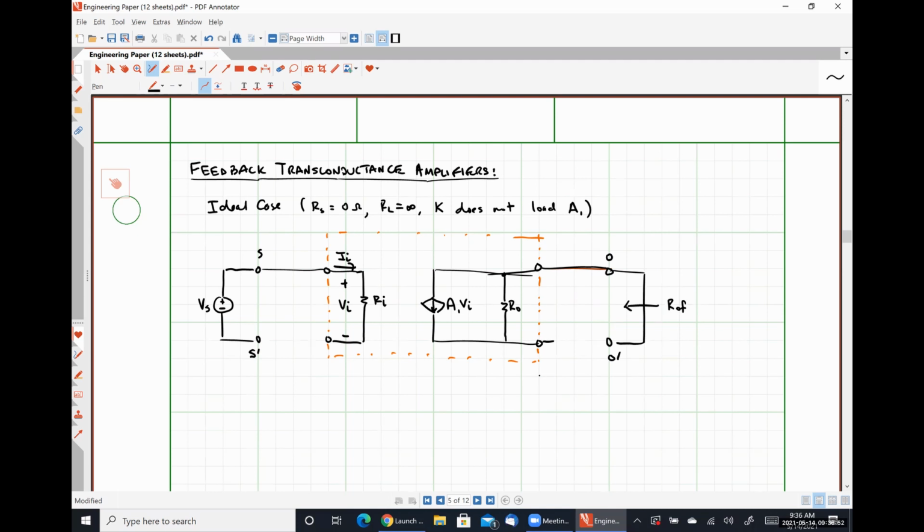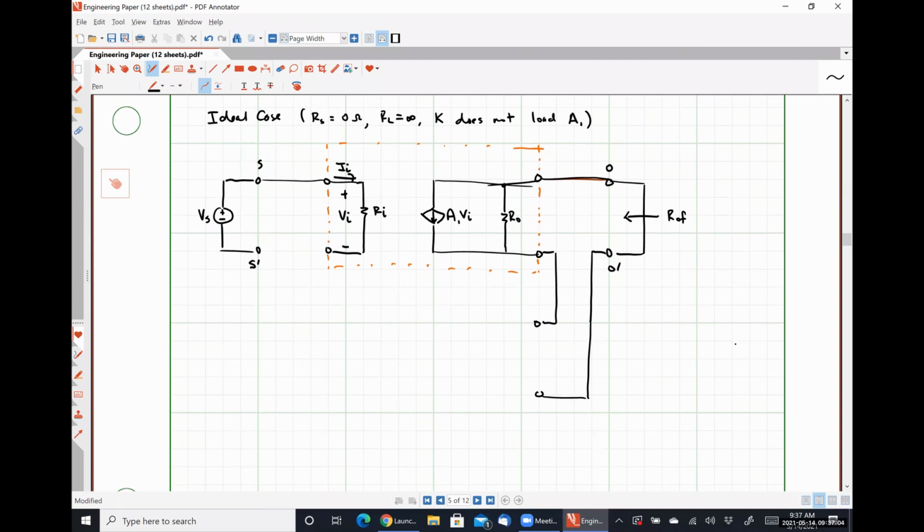So down here will be my feedback network. My feedback network is going to look like a short circuit here, where we're measuring or sensing our output current I out.